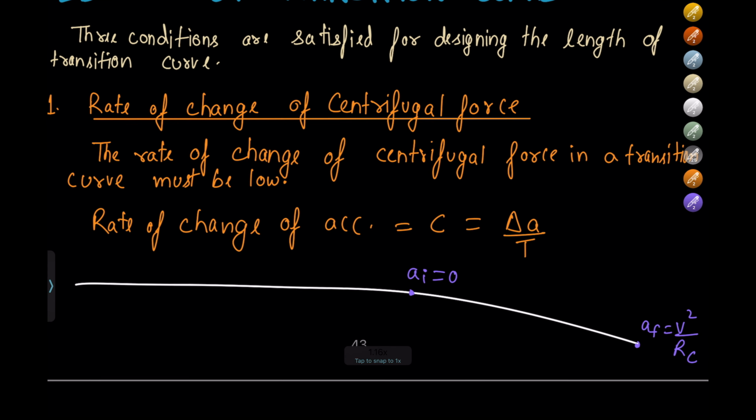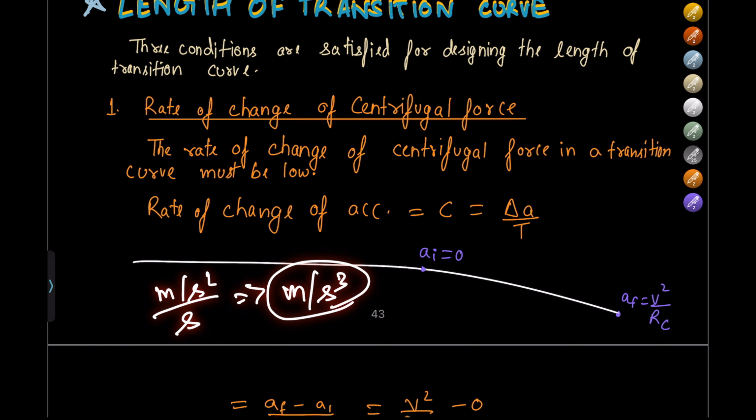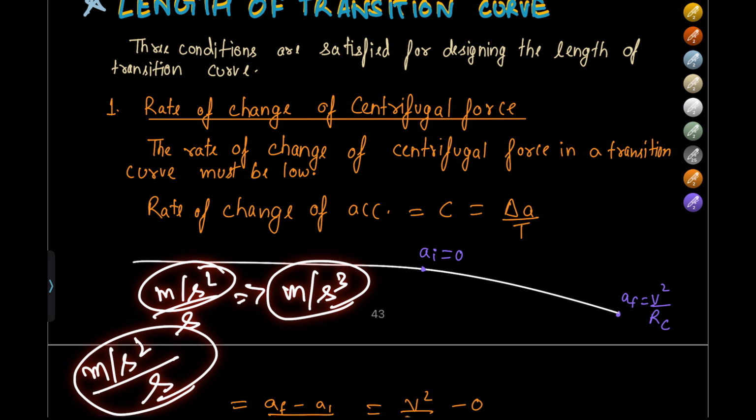Acceleration is basically in meter per second square, and when it is divided by t, in seconds, it gives us meter per second cube, or we can say change in acceleration per second.